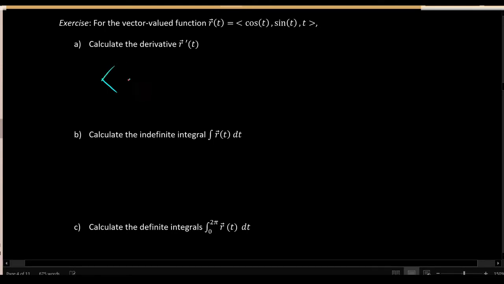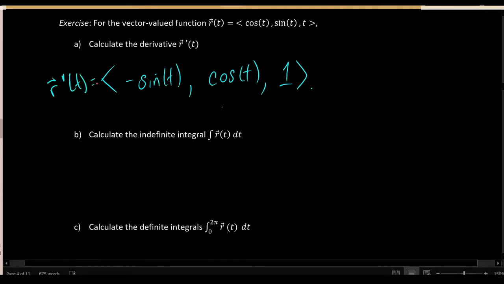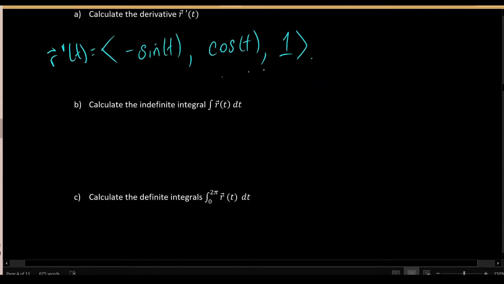The derivative of cosine is minus sine. What's the derivative of sine? The derivative of sine is cosine. What's the derivative of t? The derivative of t is just 1. And that is how I get the derivative of the entire vector-valued function, of the entire, what's also called parameterized curve. r prime is the vector with those three derivatives in those three components.